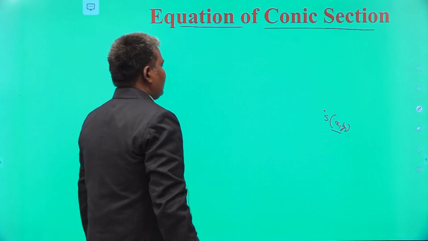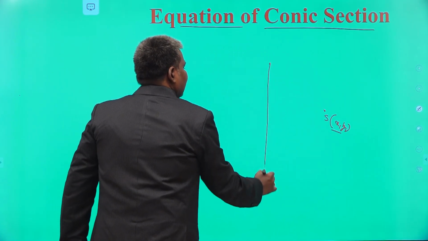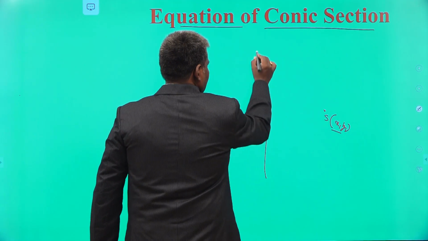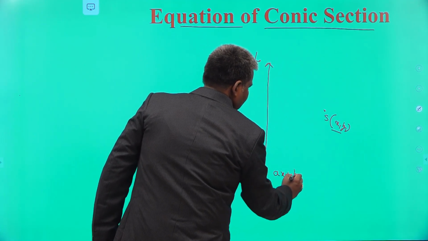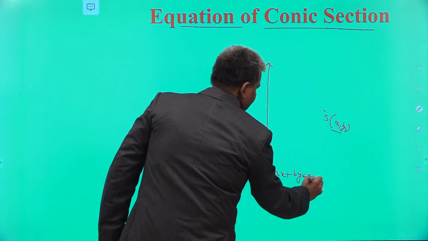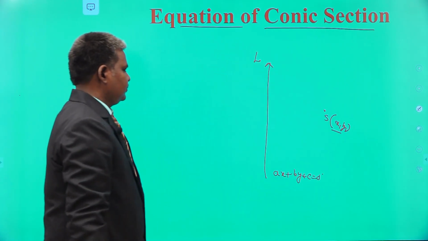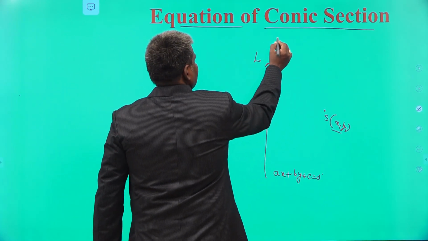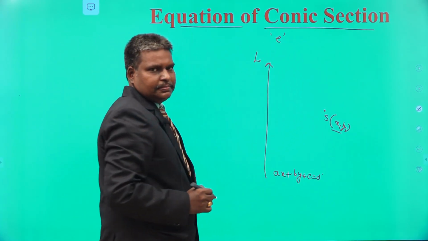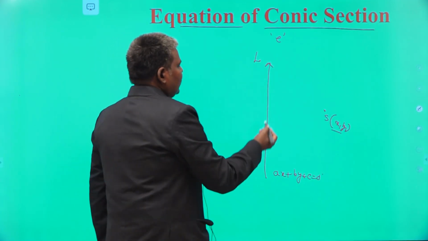This is (x1, y1). Consider the fixed line L. Its equation is, say, ax plus by plus c equal to 0. This is your fixed line. And E is the eccentricity of the conic. How to define the conic?